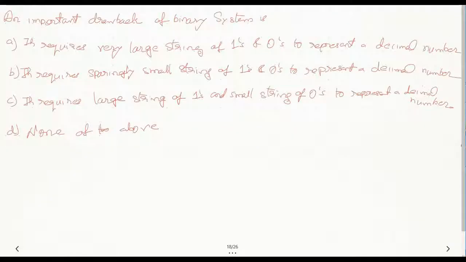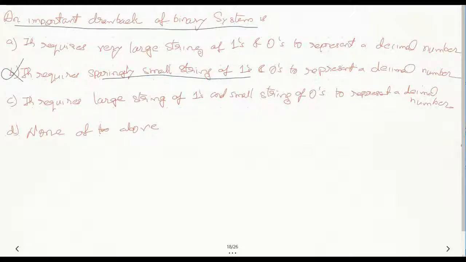The next question: an important drawback of the binary number system. Four options are given. Now let us try to understand which one is a drawback of the binary number system. It requires very large strings of ones and zeros to represent a decimal number. Yes, it is true. Now let us check the other options also. It requires sparingly small number of ones and zeros to represent a decimal number. No, it is not true.